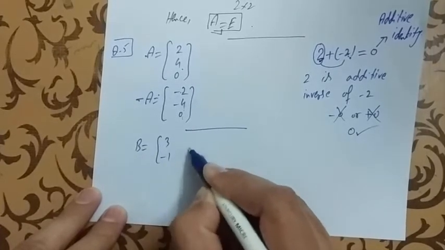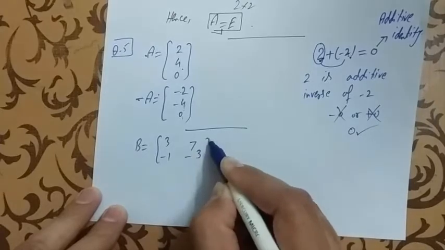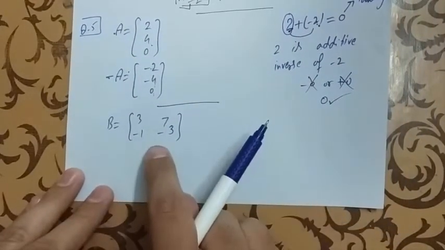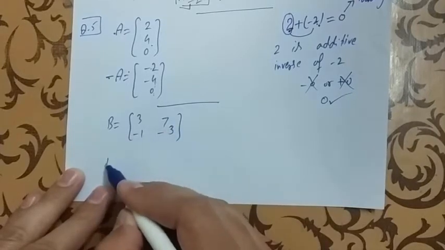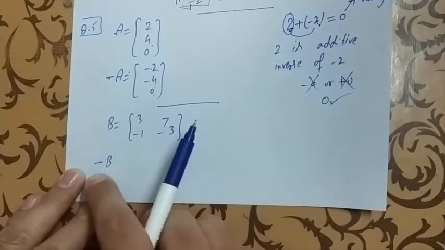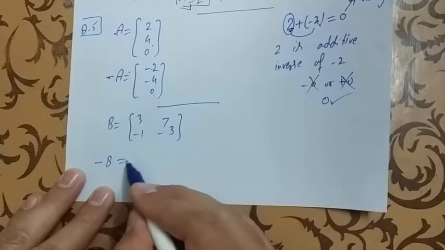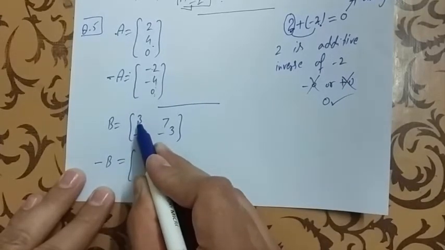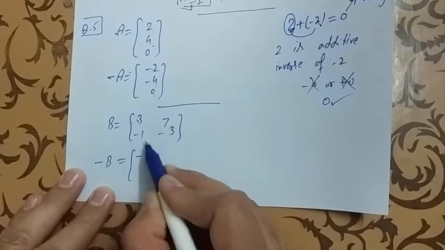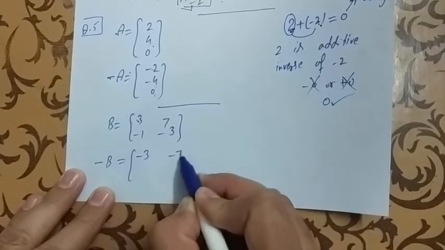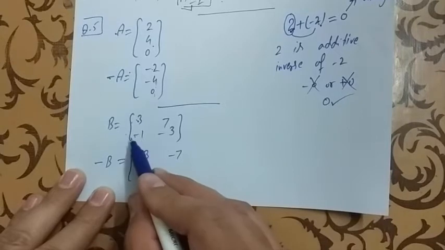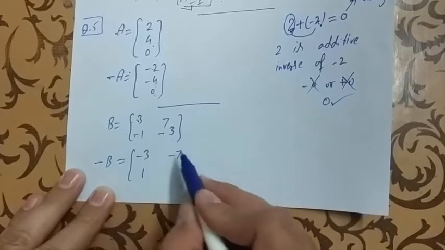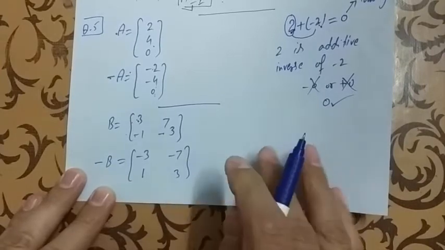3, minus 1, 7 and minus 3. Students, how do we find its additive inverse? Only multiply by minus on the left side and by minus on the right side. When we multiply by minus, minus 7, and minus multiplied by minus is plus 1, and minus multiplied by minus is plus, which gives 3.